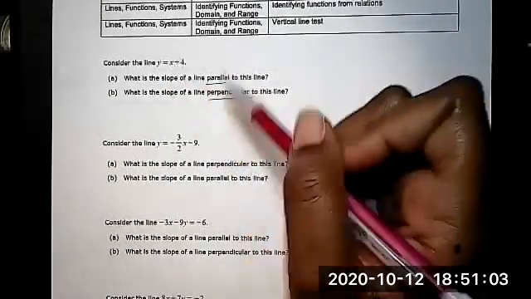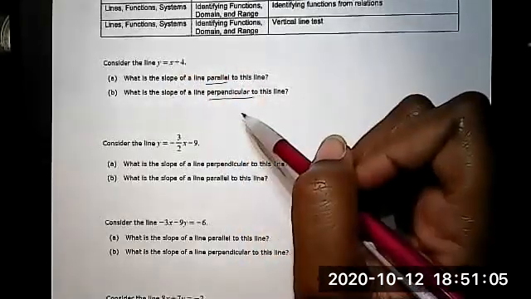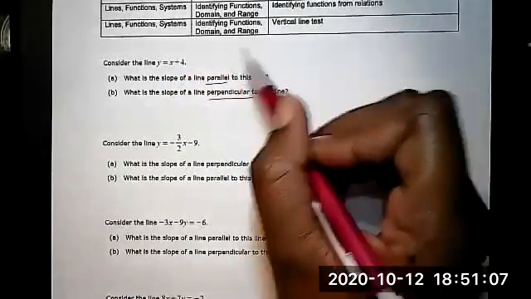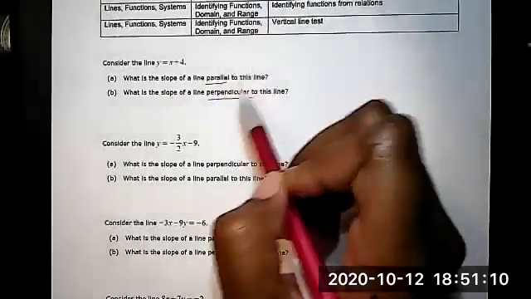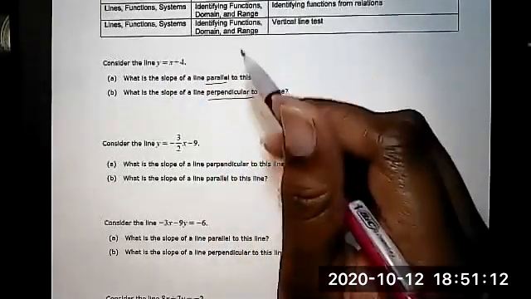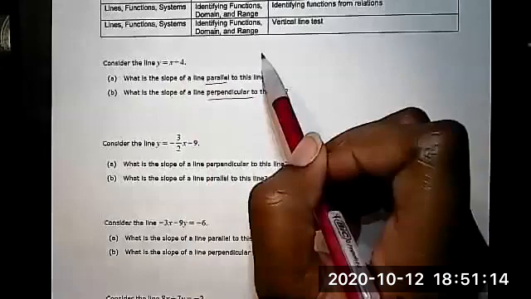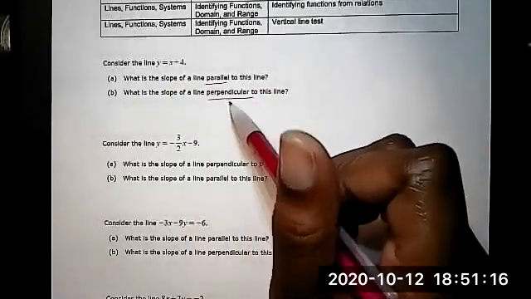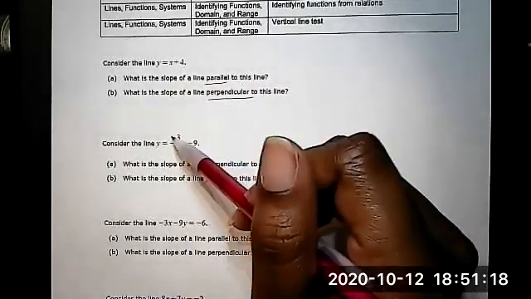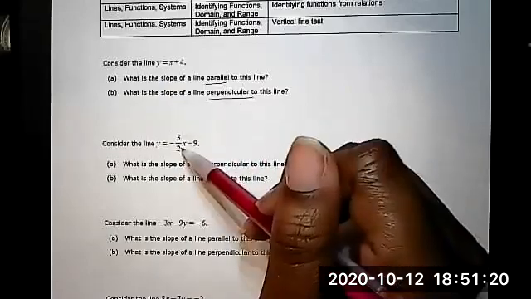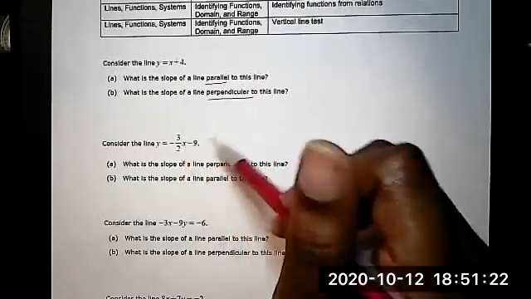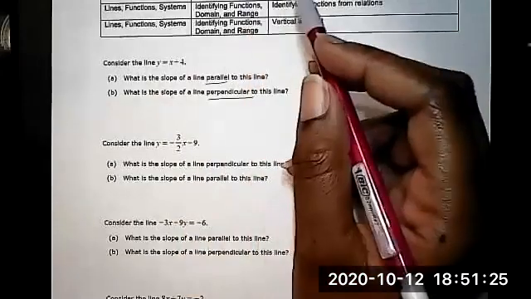So if it's positive, it'll be negative. If this is negative, it'll be positive. And the reciprocal, which is a flipped version of whatever is there. So if it's negative 3 over 2, the perpendicular would be positive 2 over 3. Okay, so we're going to move through it that way.